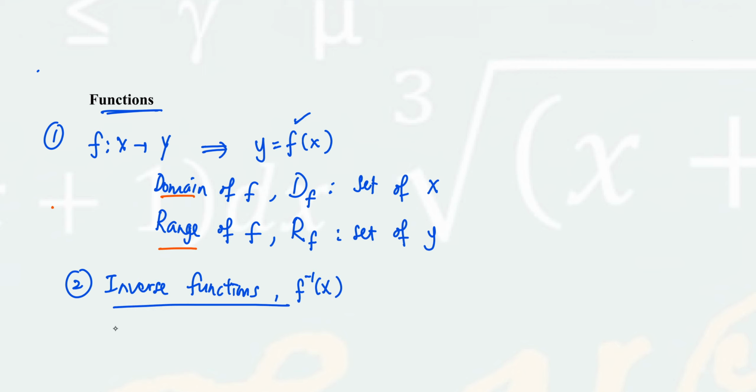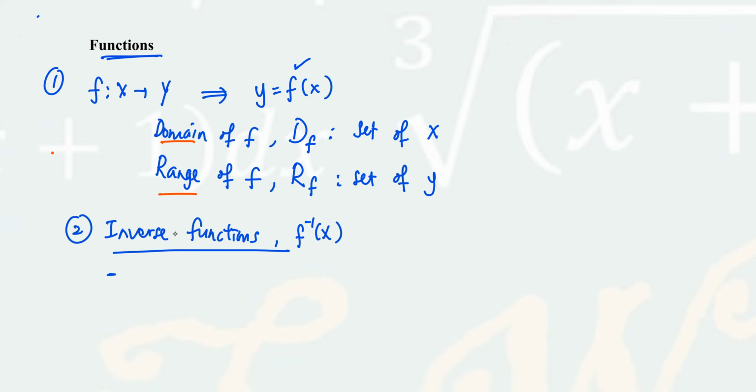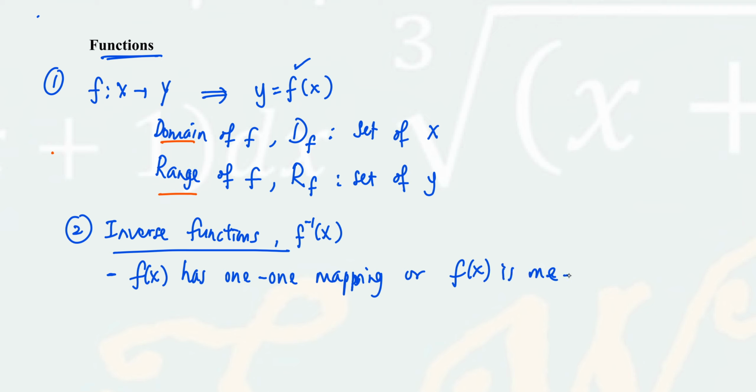The condition for the existence of the inverse function is that f(x) must be a one-to-one function, or f(x) has a one-to-one mapping.